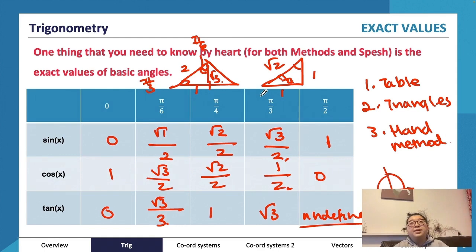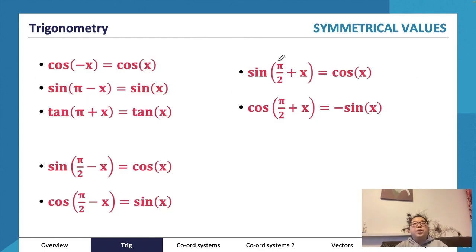Cool. Amazing. Alright, so there's a couple of things that they talk about, like the complementary and the supplementary angle rules. The main thing with these ones is you don't have to memorize them, because you can figure them out by using the unit circle and figuring out which quadrant it sits in.